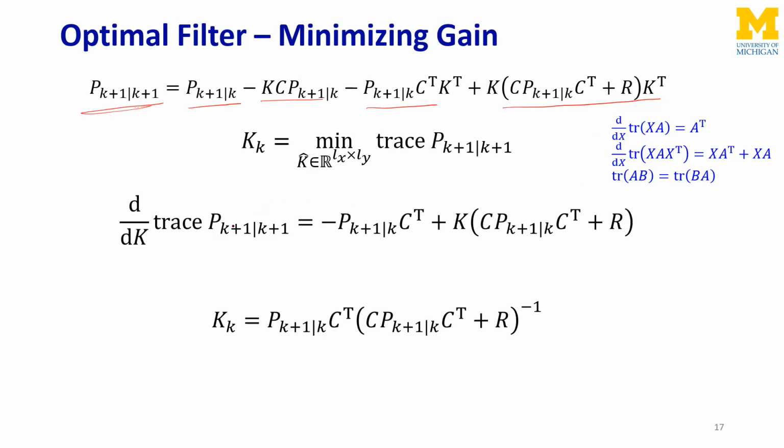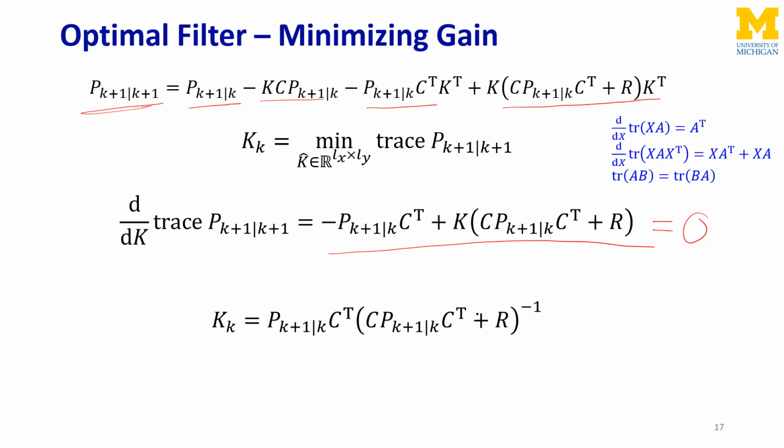Using this formula, we find that the derivative of trace P k plus 1 given k plus 1 is equal to this. And when we set this equal to 0, we get the optimizing gain, which is simply obtained by moving one of these terms to the right-hand side and then post-multiplying by the inverse of this.